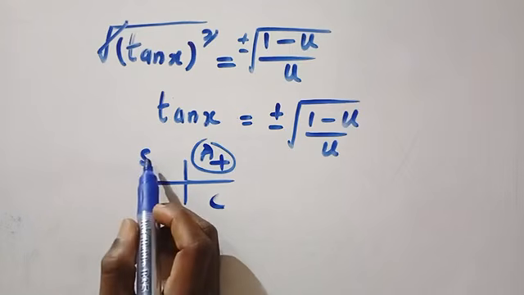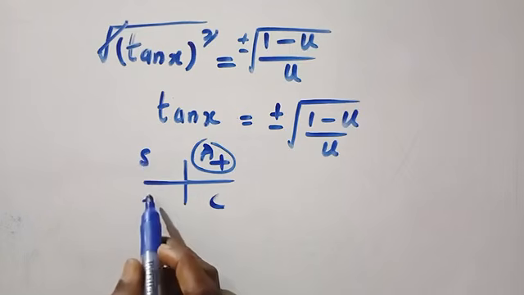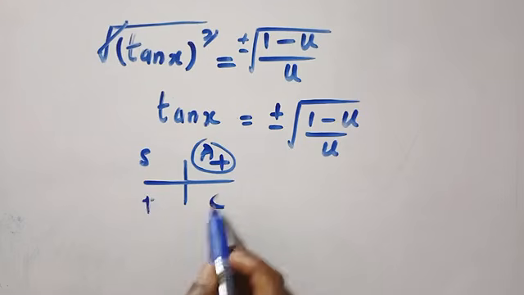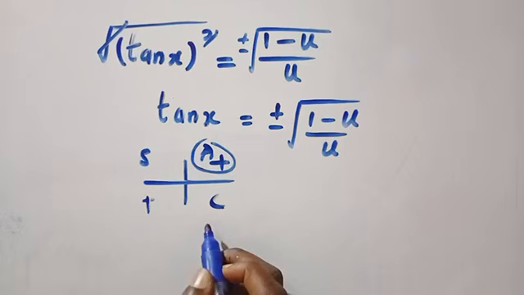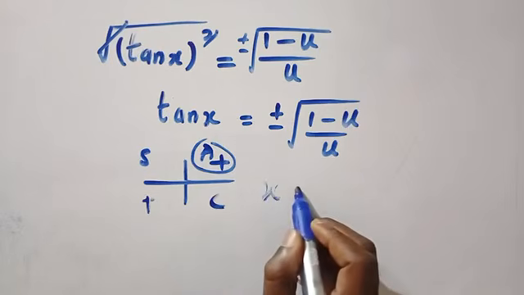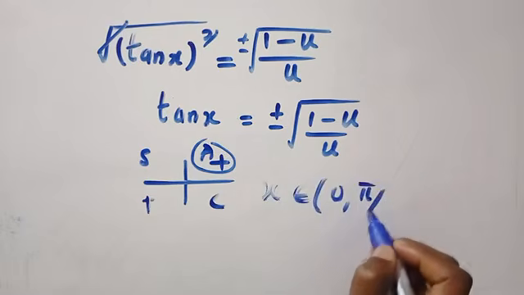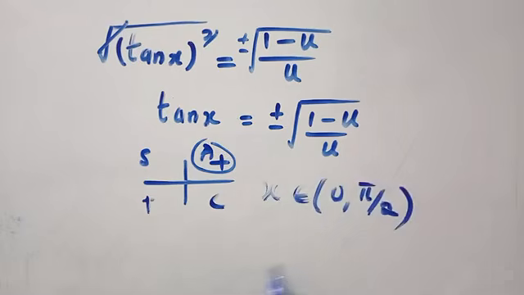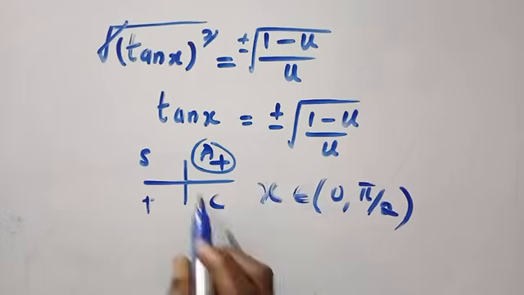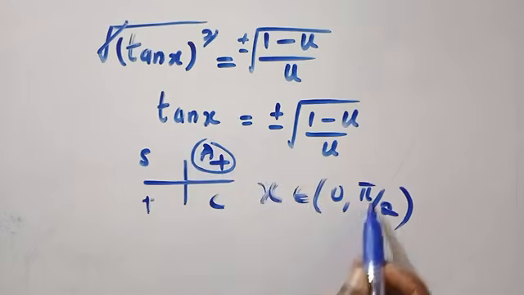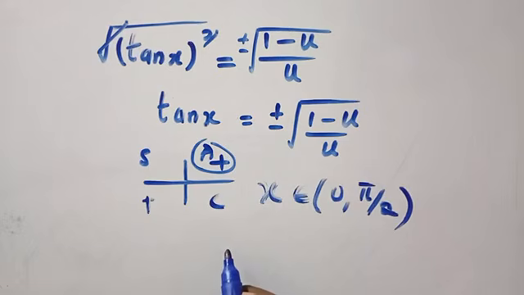If we limit ourselves to having x as a member of just 0 to pi over 2, we are going to take a positive, because pi over 2 gives us 90, which means the first quadrant.